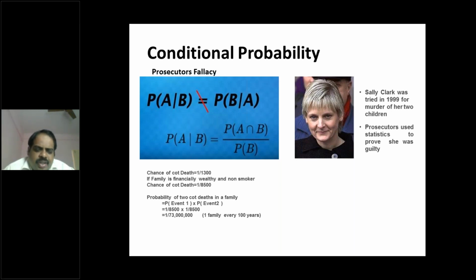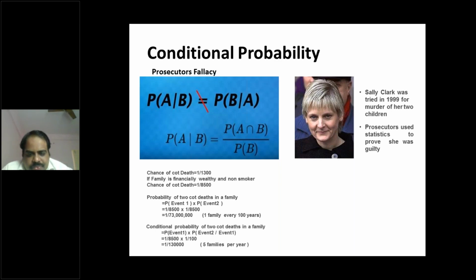But some people were not convinced, so they tried to reopen the case. They looked at how the statistical calculations were made, and people said she was wrongly prosecuted. In her case, if one of your children dies of this kind of unknown cause, the probability is like 1 upon 8500.